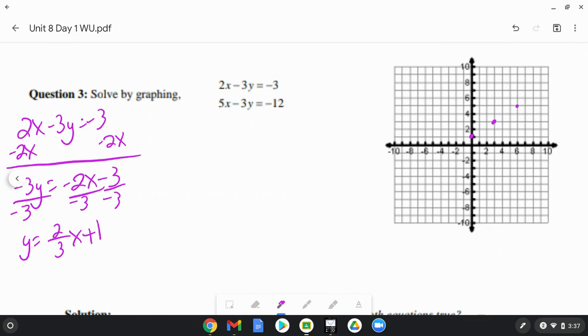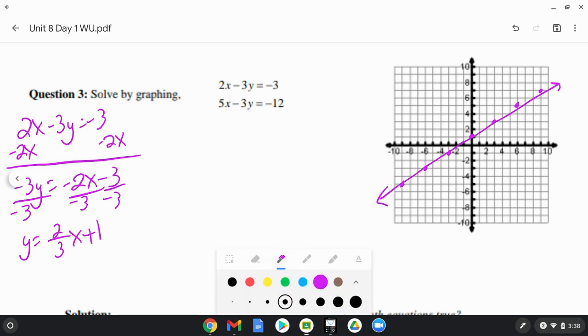Up 2/3. And I'll go down 2 to the left 3, which means the same thing as up 2 and to the right 3. Down and to the left, just do the exact opposite. Oopsie, I didn't mean to make that mark. Down 2 to the left 3. I think those are all my points that are down 2 to the left 3 and up 2 and to the right 3. There's my first line.